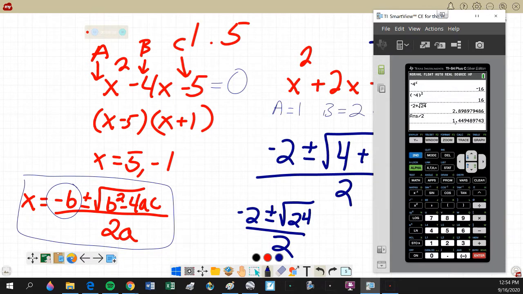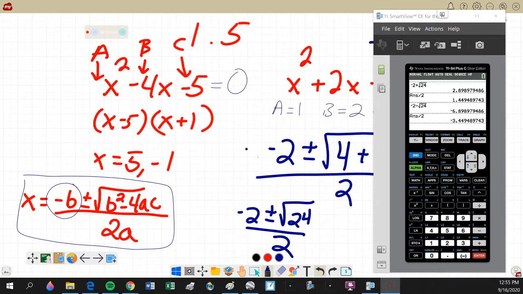So how would we round this to the nearest hundredth? 1.45. That 9 bumps the 4 up to a 5. And then the other answer is going to be negative 2 minus the square root of 24. Push enter, and then divide by 2. The other answer is negative 3.45.